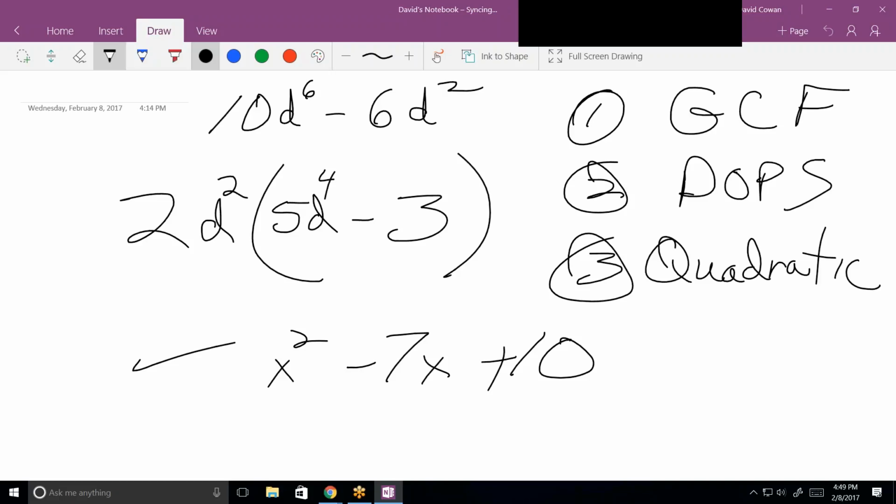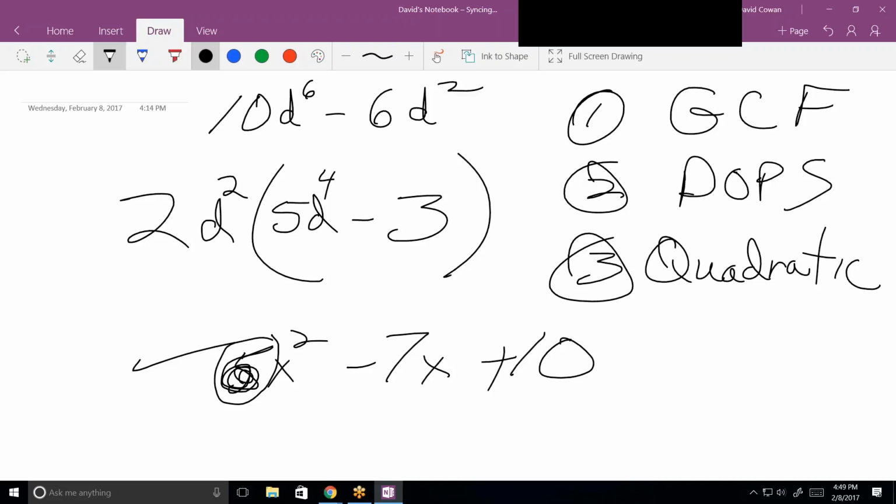They get a lot more difficult when there's a number there. If that's a 5, it's difficult. If it's a 6, it's even more difficult because now there's 2 different ways to split that up. I could make it 3x times 2x. I could also make it 6x times 1x. So the larger that coefficient is, the harder it is to factor.